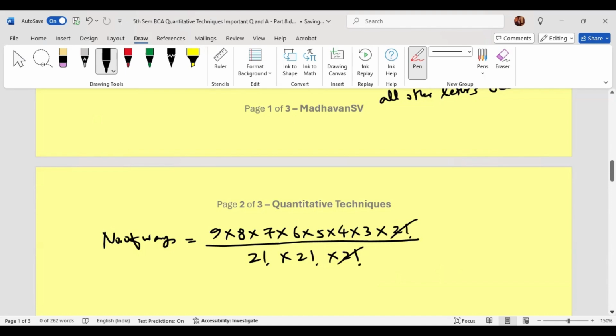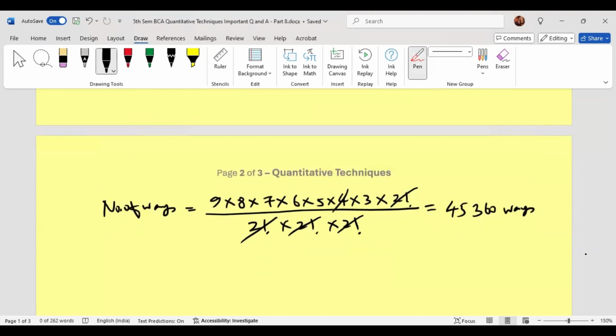Now, this is 2 factorial into 2 factorial, 2 into 2, 4. So we can cancel this 4 with this 4. Now, if we multiply 9 into 8 into 7 into 6 into 5 into 3, we get 45,360 ways. So that will be the first part of the question.